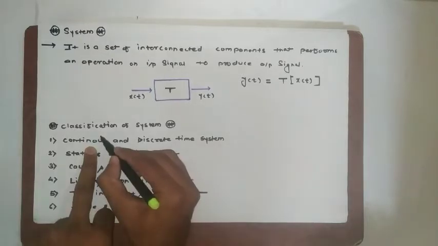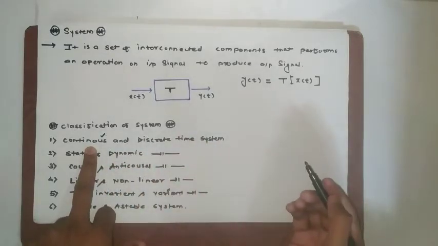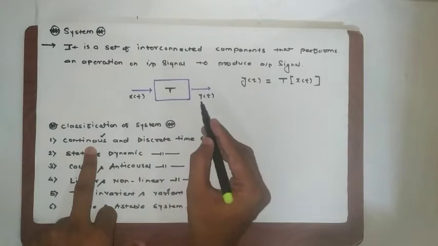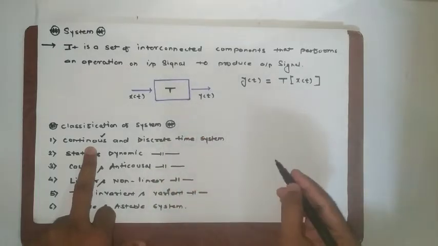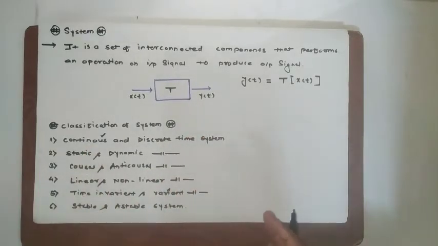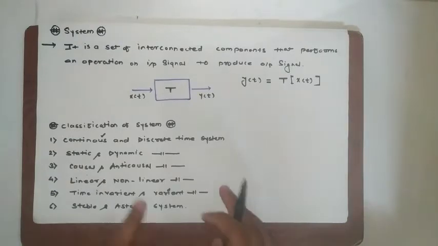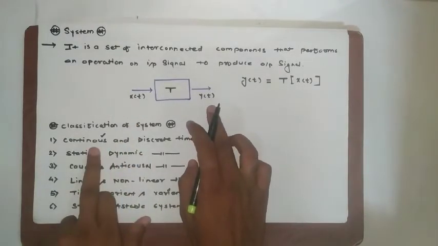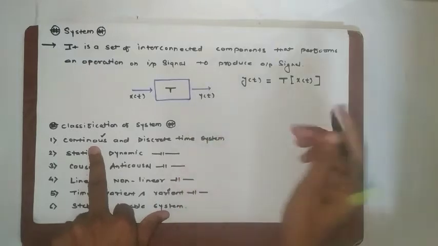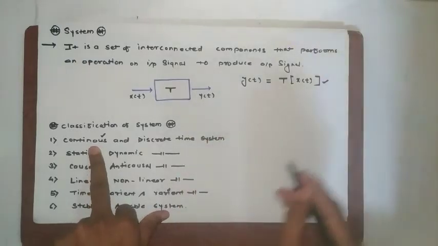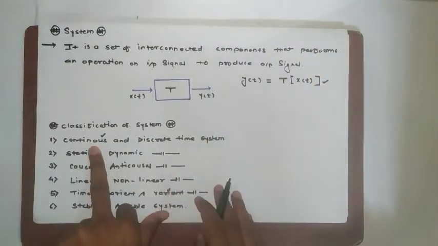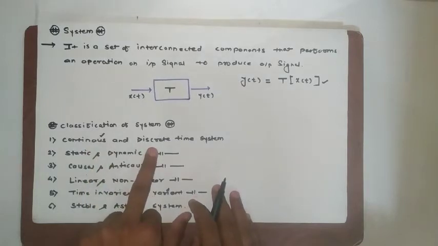A system is said to be continuous if its input and output both are continuous time signals. I repeat, a system whose input and output signals are continuous in nature is known as a continuous time system. Here this is its representation. Similarly, we can define it for a discrete time system also.